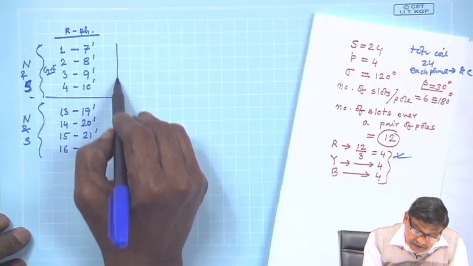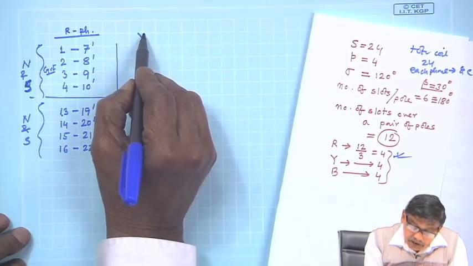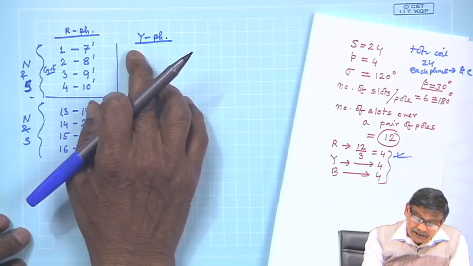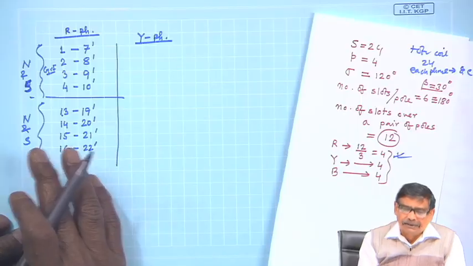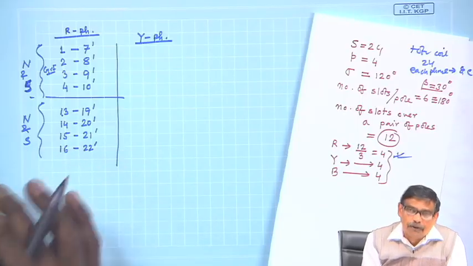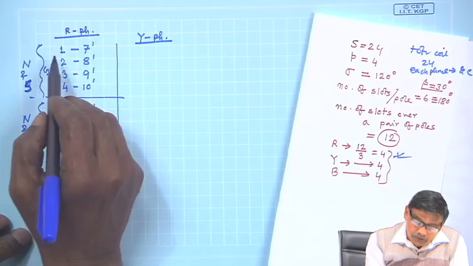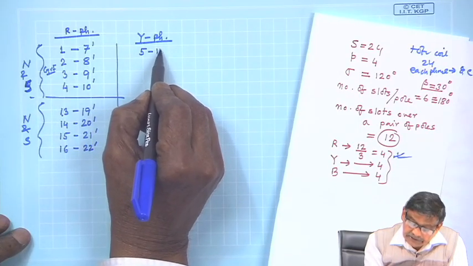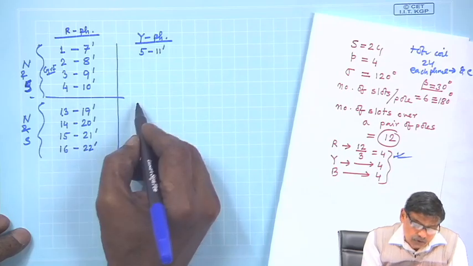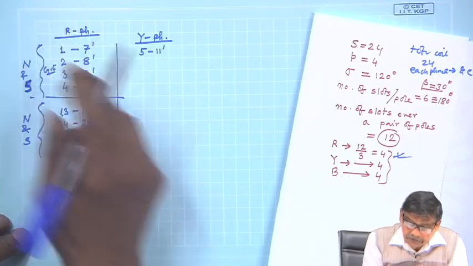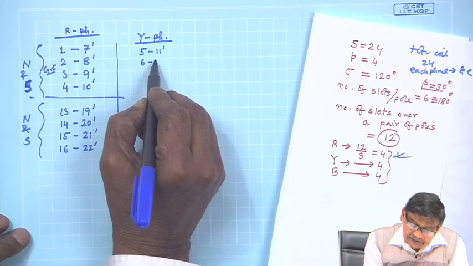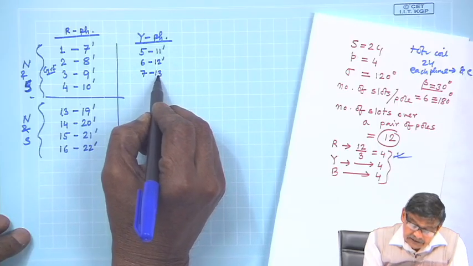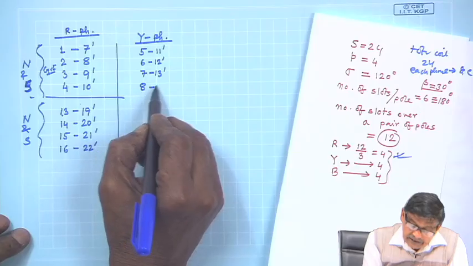Similarly, for Y phase the beginning will be 120 degree apart, that has not changed, that has to be complied with always. So, 1 plus 4, that is 5, and then 11 dashed, and once you get this, then 4 coils under this pair of poles: 5, 11 dashed, 6, 12 dashed, 7, 13 dashed, and 8, 14 dashed.